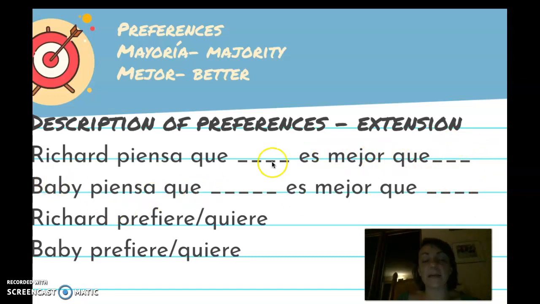Baby piensa que arquitectura es mejor que ser doctora. Being an architect is better than being a doctor. Richard quiere dinero. Baby quiere el amor. Okay? So give these characters a little more life in your assignment.